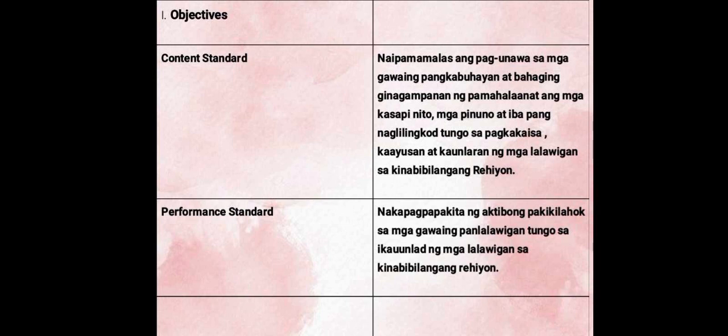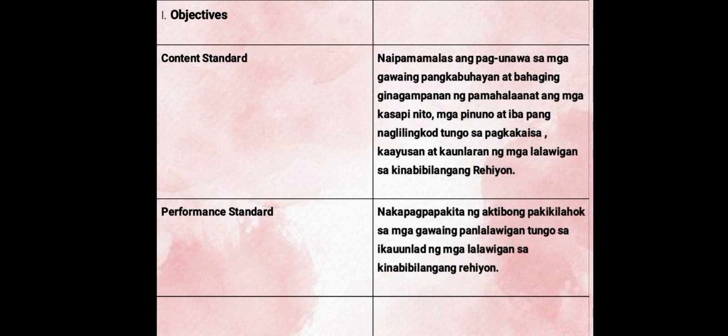Objectives: Content Standard: Naipapamalas ang pag-unawa sa mga gawaing pangkabuhayan at bahaging ginagampanan ng pamahalaan, ang mga kasapi nito, mga pinuno at iba pang naglilingkod tungo sa pagkakaisa, kaayusan at kaunlaran ng mga lalawigan sa kinabibilangang rehiyon.